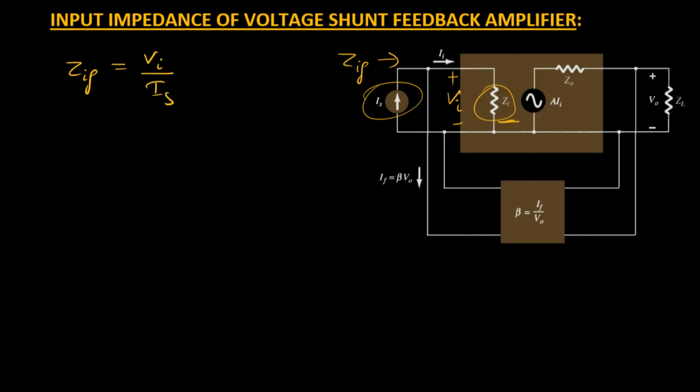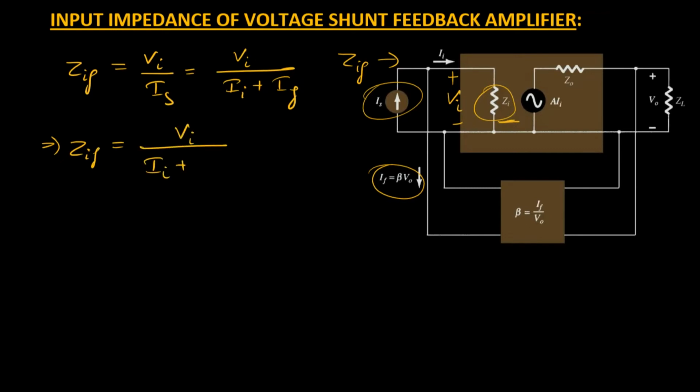Now we'll substitute Is in a similar way as we did in the last analysis. So Is will become equal to II plus If, correct? And obviously we know that If is nothing but beta times V0, so we can again rewrite this equation as ZIF equals Vi over II plus, in place of If, I'll write beta times V0.